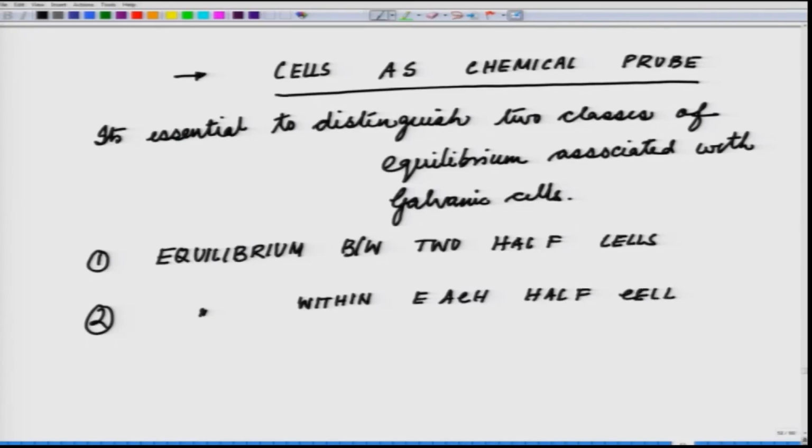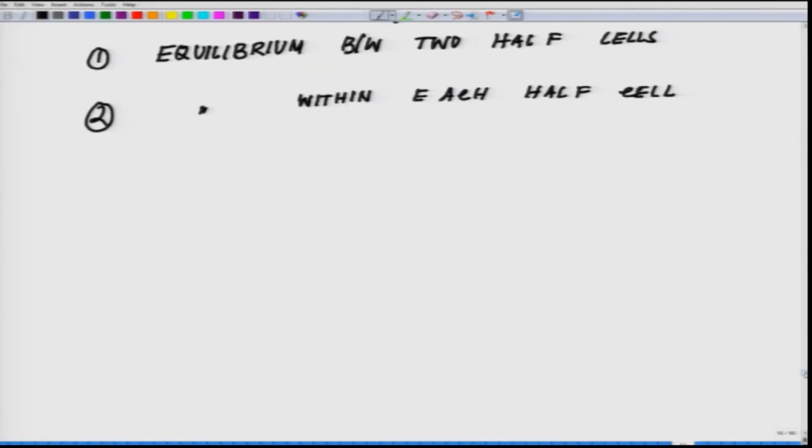So, now what I will do, use this opportunity to explore how this could be used to find out hydrogen ion concentration, H plus ion concentration. Okay. So, let me draw a cell. And keep another thing in mind, if a galvanic cell has a non-zero voltage, then the net cell reaction is not at equilibrium.